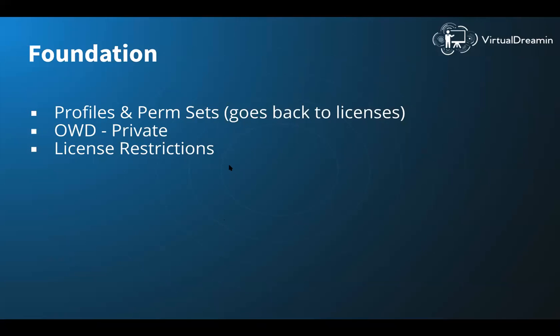And then again, your license restrictions. Licenses are also going to prevent you from having some of your options for what is visible and how you can open it up, not only on the profiles and perm sets, but for what you have available to share with. So if you can't find something, think about your license and go and double check what is available.